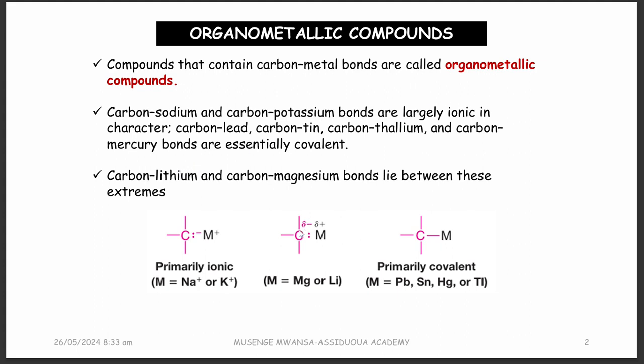When carbon is attached to lead or tin or thallium or mercury, those bonds are going to be covalent in nature. And the carbon to lithium and carbon to magnesium bonds will lie between being ionic and being covalent.